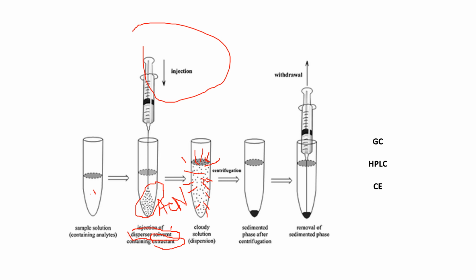Okay, and up to here, the extraction only takes up to 1 minute. Why? Because we are using a vortex. So after 1 minute, what should we do? We have to make sure that all these droplets will be produced in one layer only, because we want to withdraw this layer out and do GC.